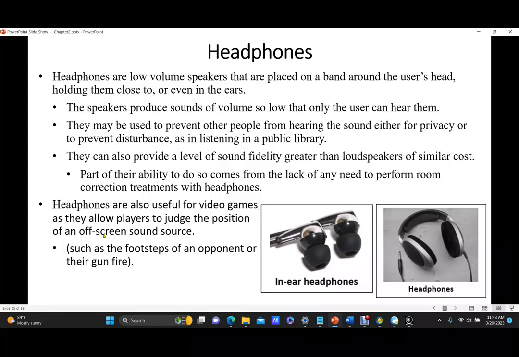They allow the players to judge the position of an off-screen sound source. Sound footsteps coming toward one or going away, emulating gunfire from a given position in the game.